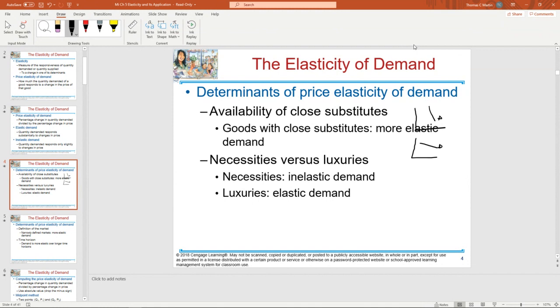Now, necessities versus luxuries. As I said with the table salt, the table salt curve is just about perfectly inelastic. I don't know when the last time was I bought table salt.